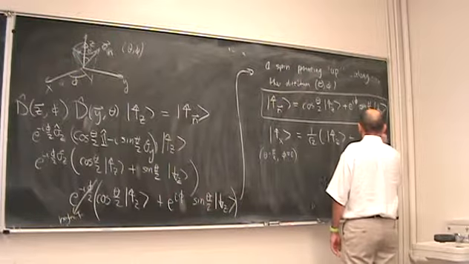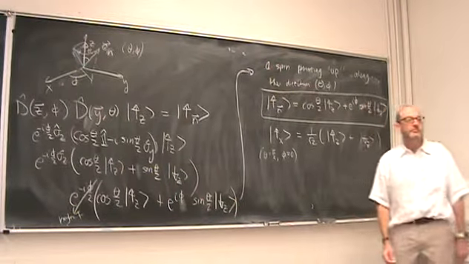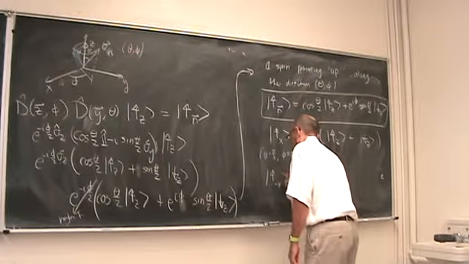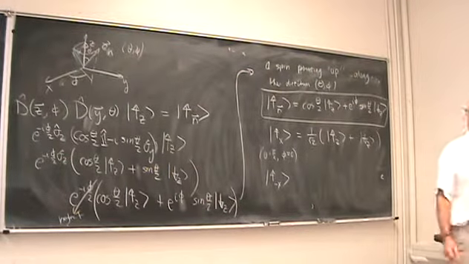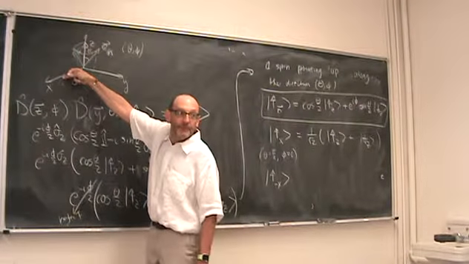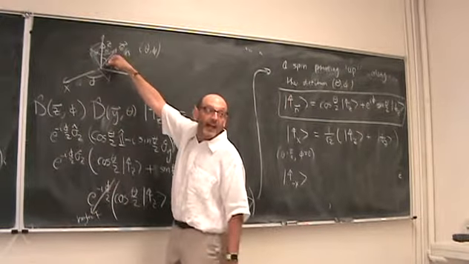What about spin up along minus x? Well, that's the direction where theta is pi over 2 and phi is pi.